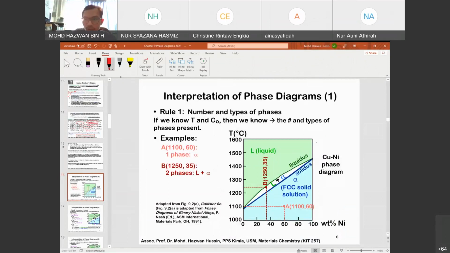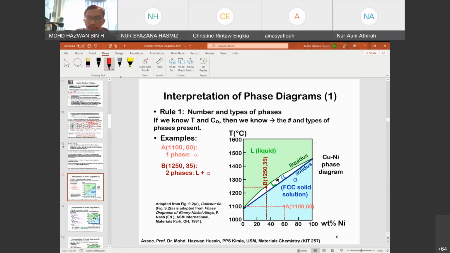You have liquid on top, and then separating between the liquid and the solid, you have the liquidus line, and in between you have a phase of liquid plus alpha, and finally at the bottom right, you have alpha, or the solid solution.